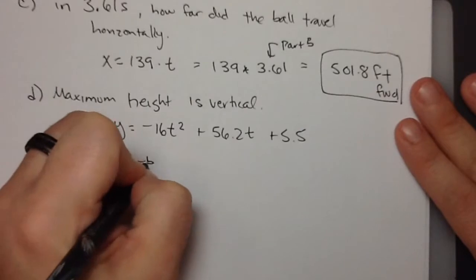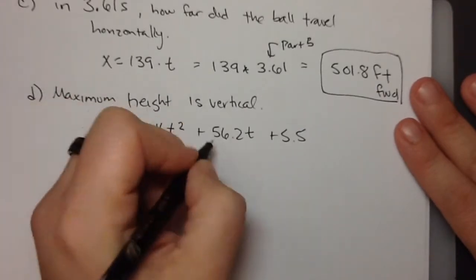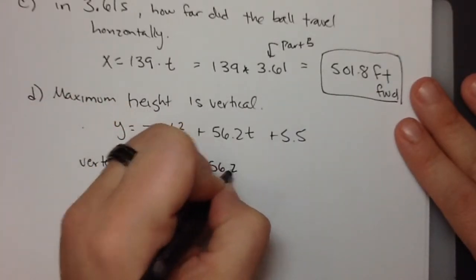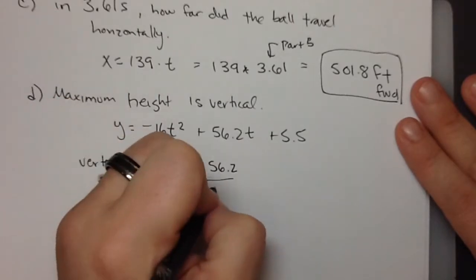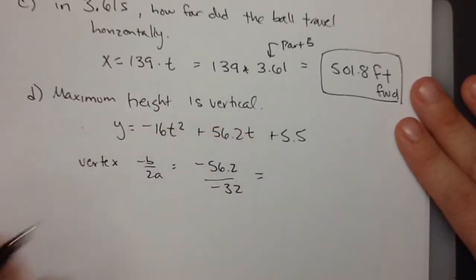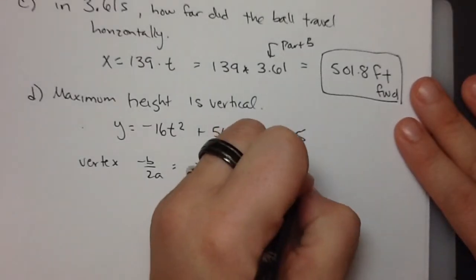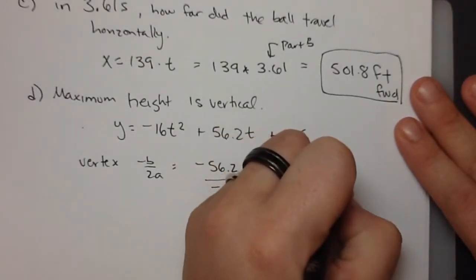Vertex is negative b over 2a. So this is negative 56.2 over negative 32. So this is 1.75 seconds.